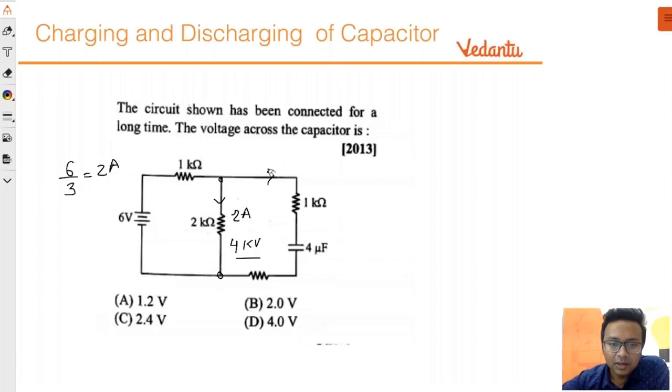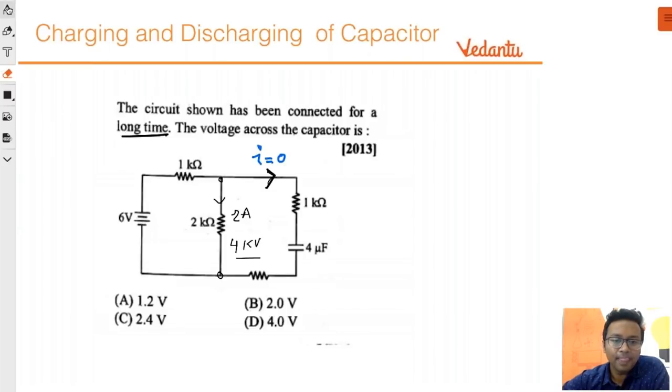Now, in the second one, if it is connected for a very long time, the idea is very simple. If it's connected for a very long time, I through this is going to be equal to 0. Then we have just this circuit out here. Clear? The question is simple, students.